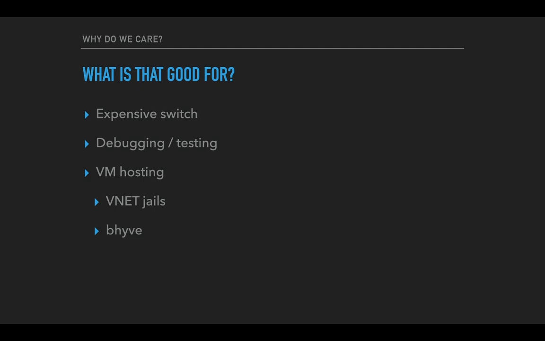Beehive being the virtualization system in FreeBSD. So in this setup, you would have a hosting machine, a nice and powerful server machine somewhere, and you split that up into several virtual machines. Out of these virtual machines, you get a tap interface, so a network connection that goes to the virtual machine. You could bridge those together, and then it looks like your virtual machines are real machines plugged into the same switch.